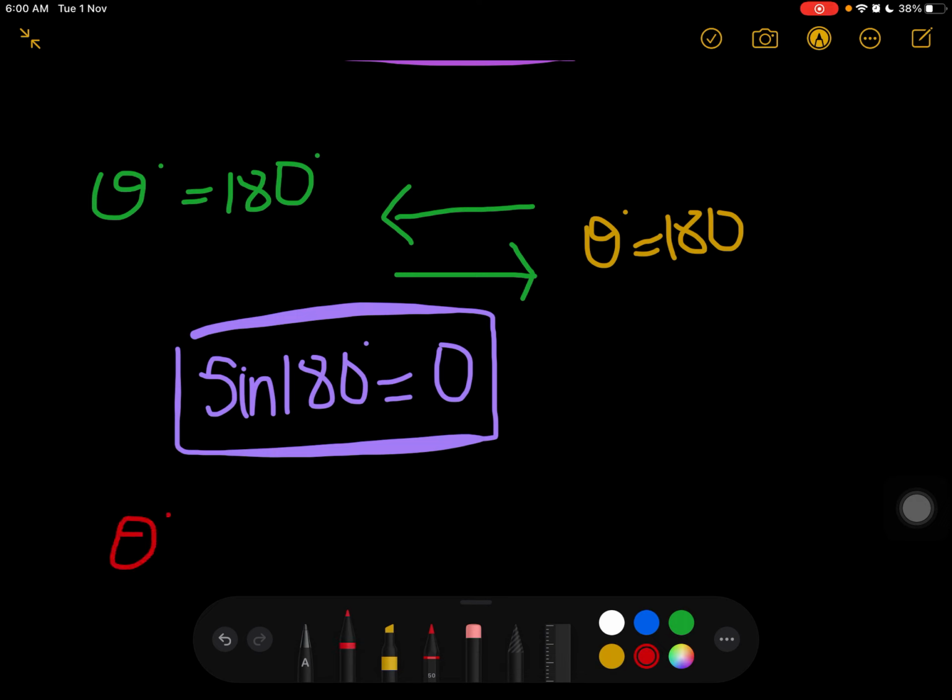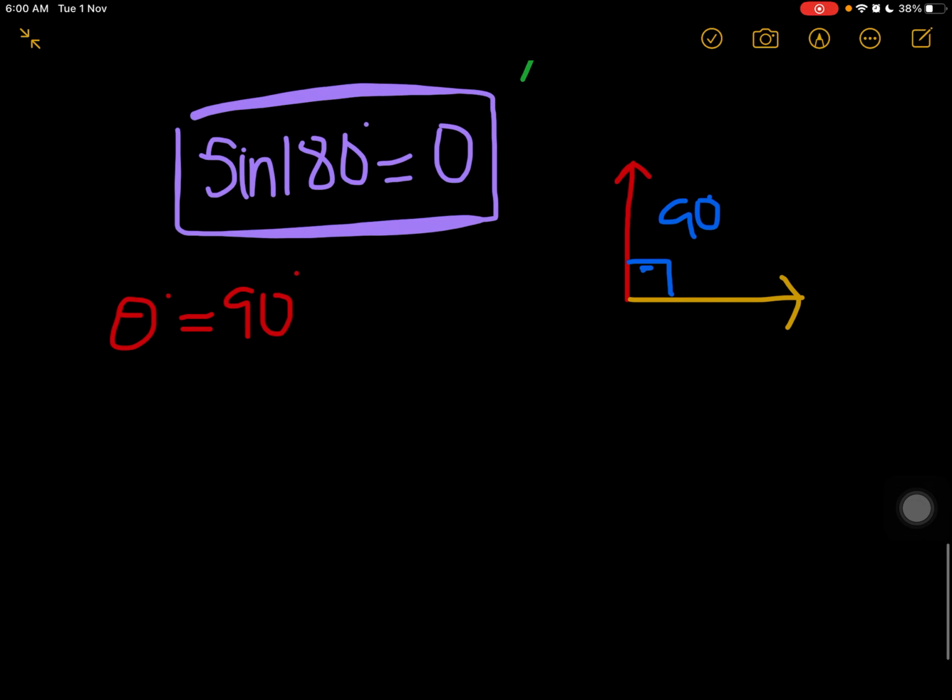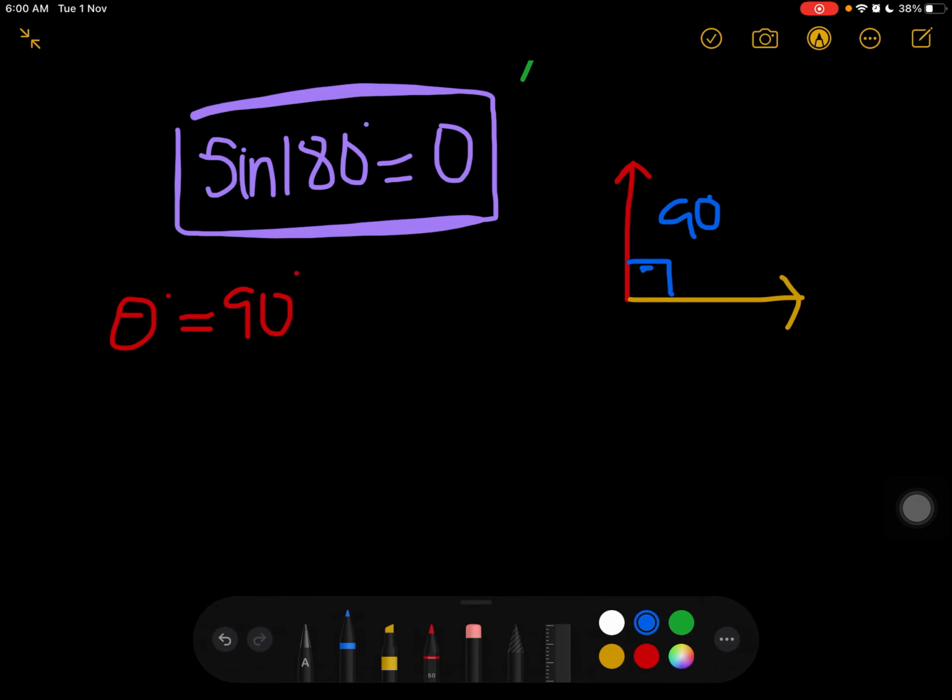Okay, what if the angle between them is 90 degrees? It will be like this, right? This will be the 90 degrees over here. So sine 90 is equal to 1.